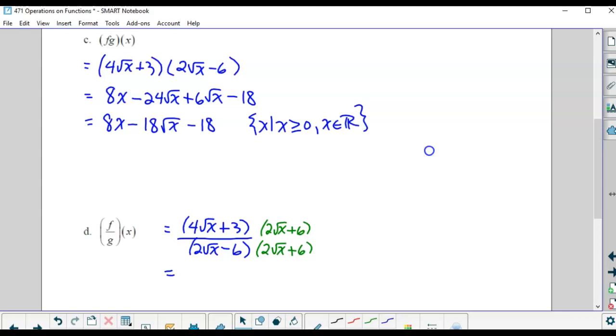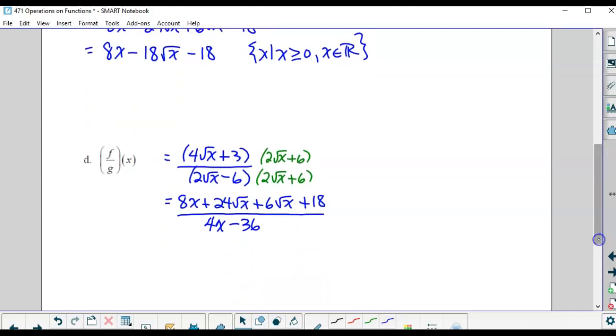So this is going to be 8x plus 24 root x plus 6 root x plus 18. Very similar to the last one, except different signs. And then the denominator will obviously be 4x minus 36. It's a difference of squares, right? Those are conjugates. Collect like terms.